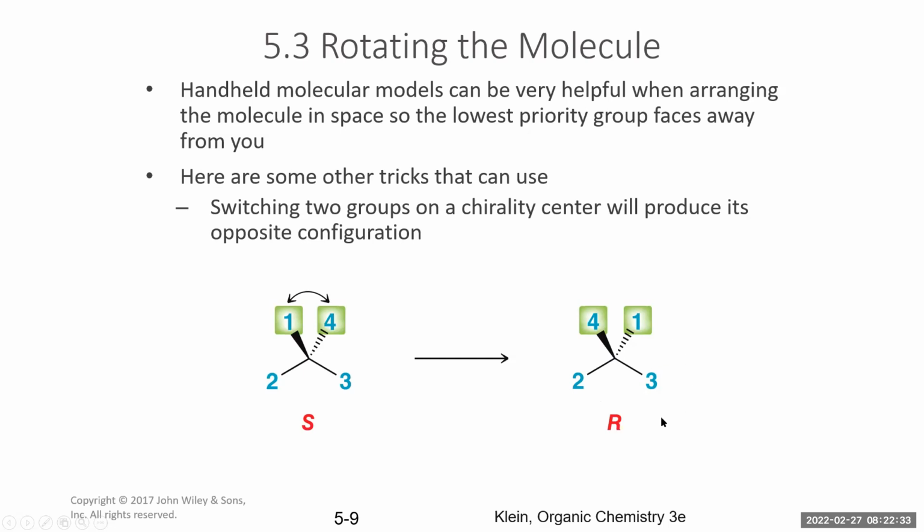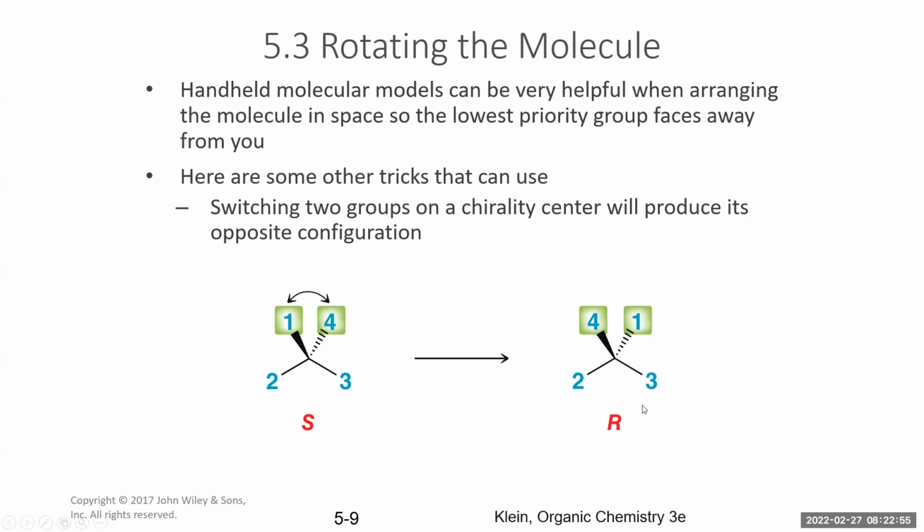So that's something that's very helpful because let's say your fourth priority group was not where we want it to be, which is on a dash. You could switch two groups, noting that you've switched the designation while doing so, and then figure out the designation and go back.